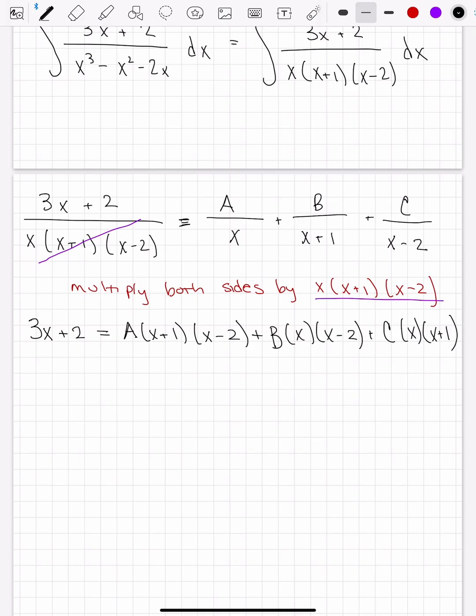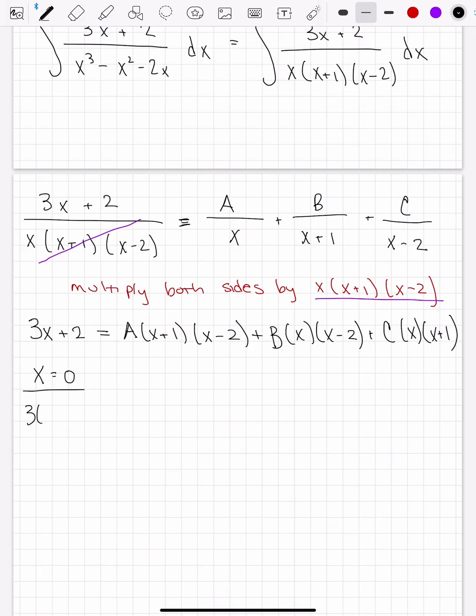Right, so then our strategy is let's plug in different x values so we can eliminate some of these unknown values and at least solve for one unknown. So the first x that we'll plug in, if we plug in x is 0, then this term and this term, anything times 0 is 0, so both of these terms will become 0, and we can solve for A, right? So let's let x be 0.